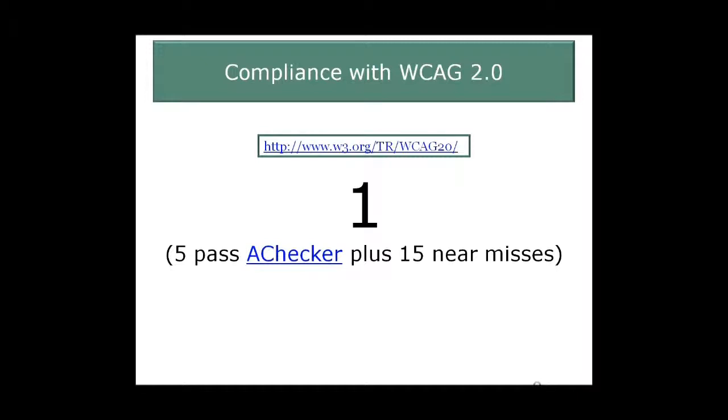And presumably the other schools were unaware of the guidelines not checked by the accessibility validator. There were an additional 15 schools who had what I would call near misses. That is, the number and type of errors suggested that they were at least trying to make their web pages accessible.